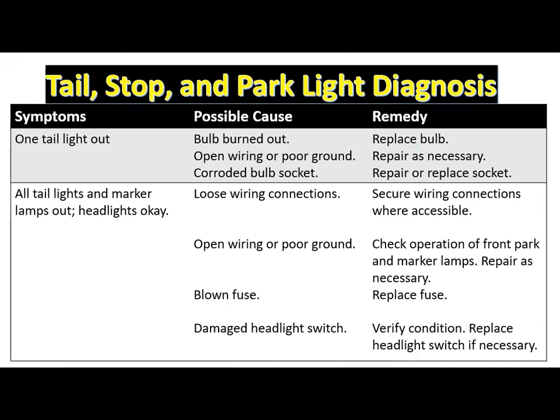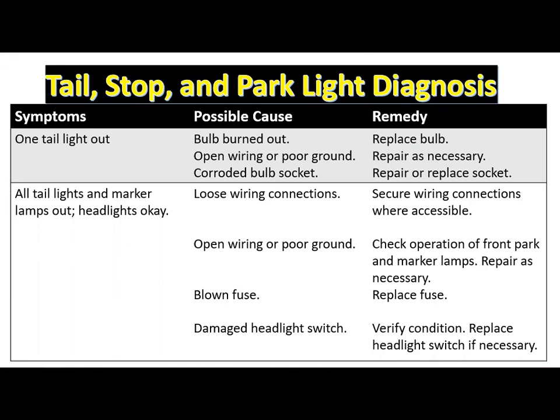So the diagnosis on the tail, stop, and park lights: the symptom could be one tail light out. A possible cause for this would be bulb burnout; just replace the bulb. Or open wiring or poor ground. You have to find the open wiring, which was probably a wire cut or damaged.